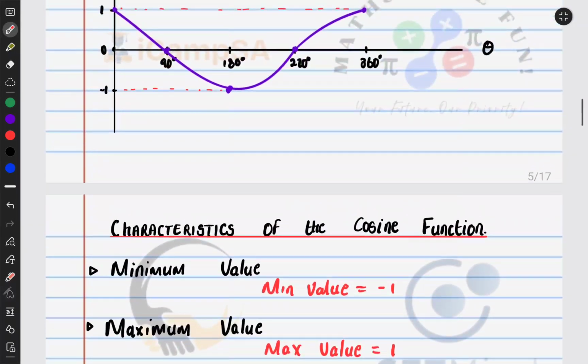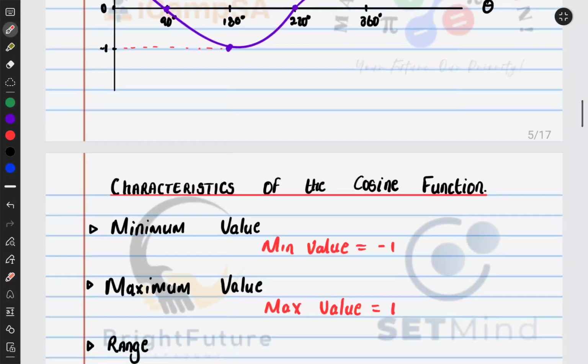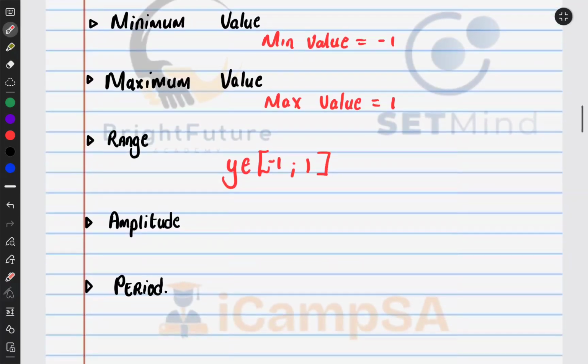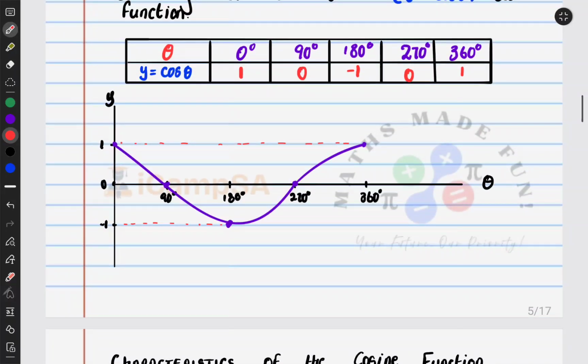Okay, and then next we have the range. The y values for which our function exists goes once again from -1 to 1. It ranges between those 2 points. So for the range, say y is an element of -1 to 1. Okay, and then the amplitude is how far the function is stretched from the baseline.